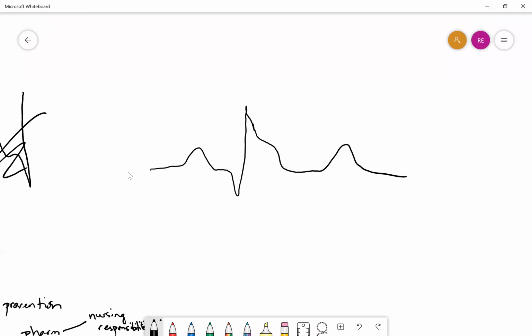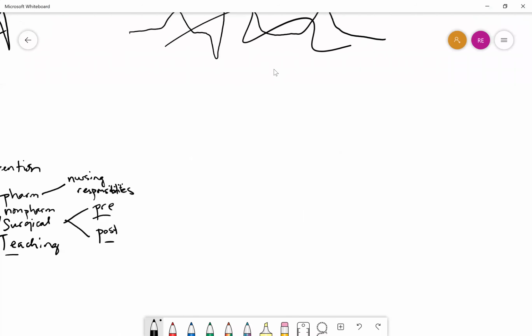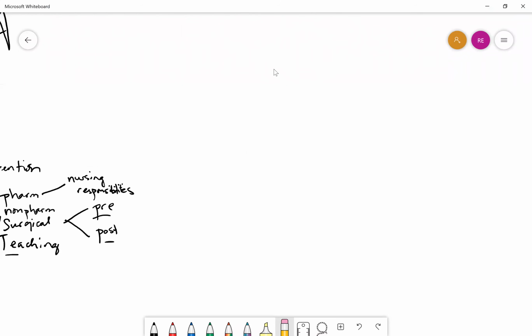Let me start over. ST elevation would look like that.